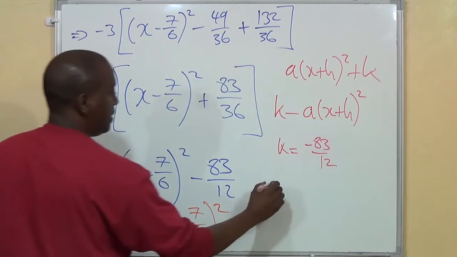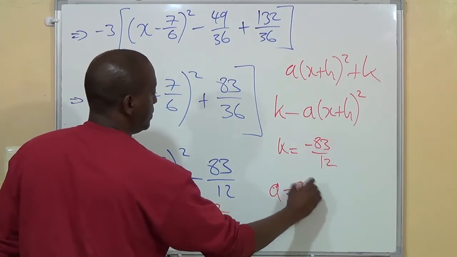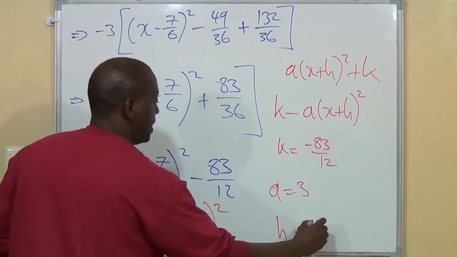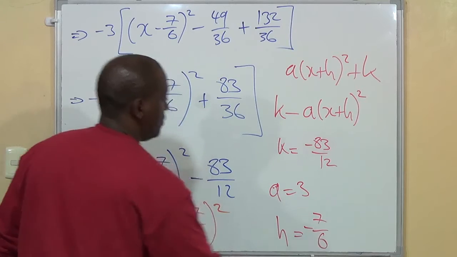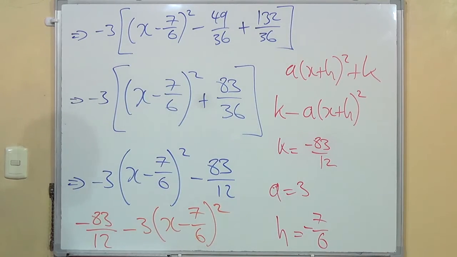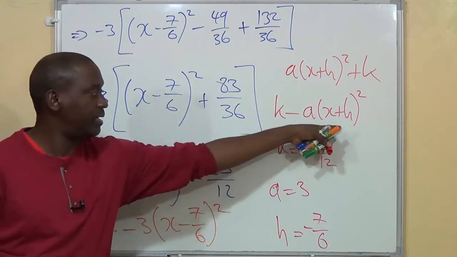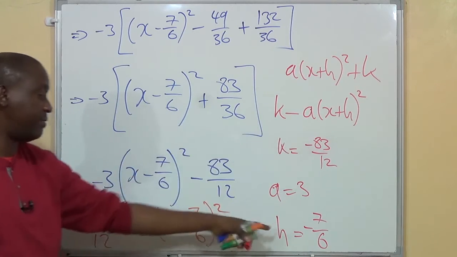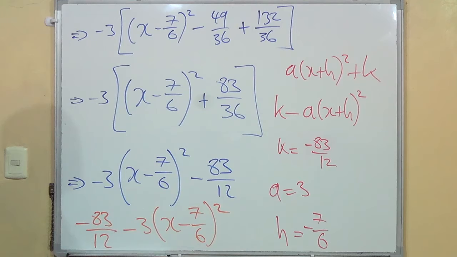So a would be equal to 3. And then your h would be minus 7 over 6. Right? So if you have to adopt this particular convention, if that is what they ask for, then you give them the a, k, and h as outlined there.